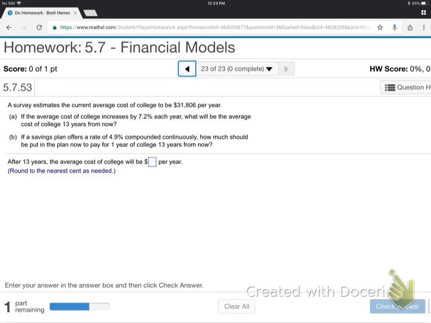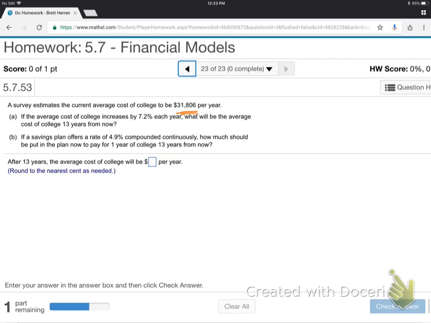All right. Very expensive. All right. So the average cost of college is $31,806 per year. What a deal, huh? 4 years is only $120,000. Craziness. You know all this news that says all the time that the cost of college is going up way faster than inflation has been for the last 20 years or whatever.